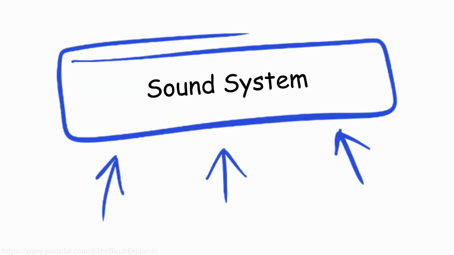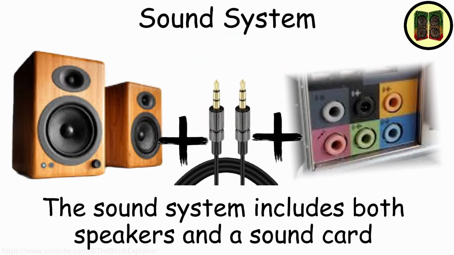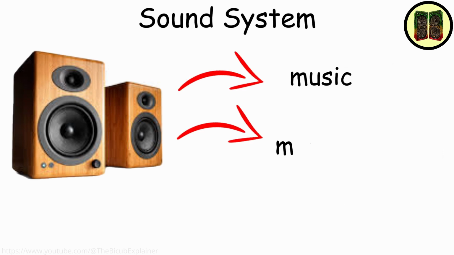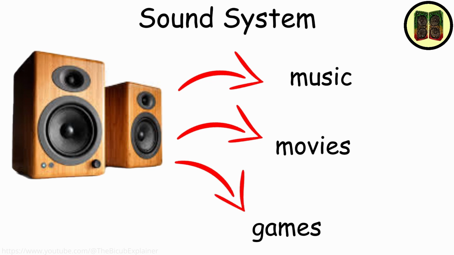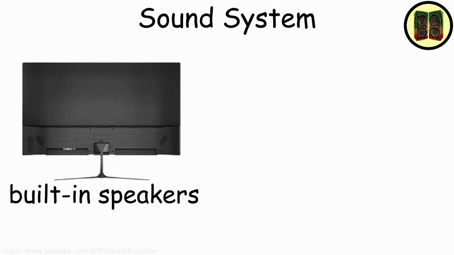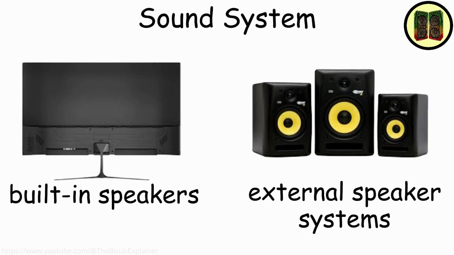Sound system. The sound system includes both speakers and a sound card, working together to provide high-quality audio playback for music, movies, and games. While many computers come with built-in speakers, these are often inferior to external speaker systems, which are available in wired or wireless formats.